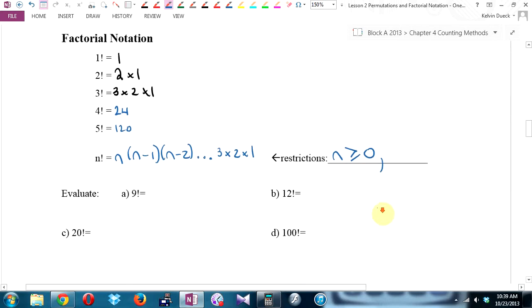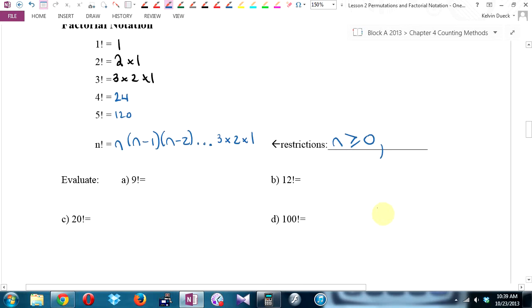So evaluate right now for practice. What's 9 factorial? Go ahead. What is it? 362,880. Is that right? What's 12 factorial?